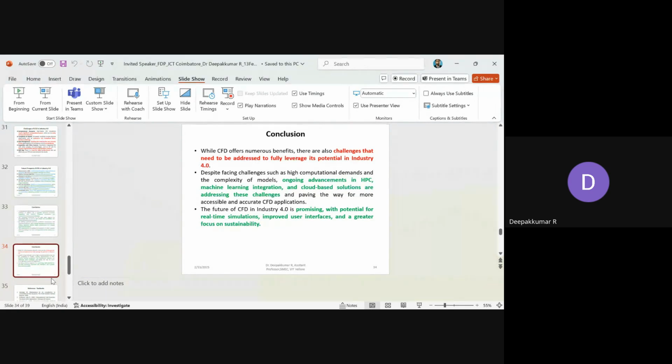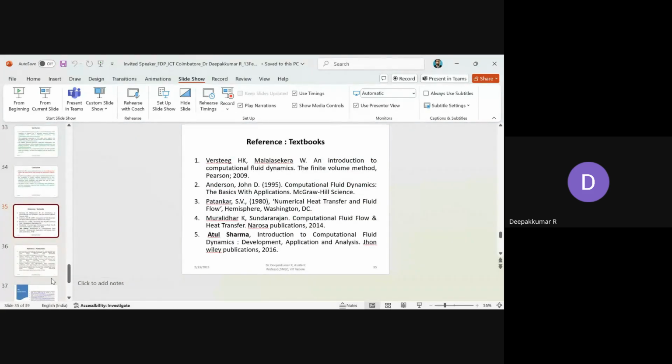Despite challenges such as high computational demand and the complexity of models, ongoing advancements in high-performance computing, machine learning integration, and cloud-based solutions are addressing these challenges and paving the way for more accessible and accurate CFD applications. The future of CFD in Industry 4.0 is promising, with potential for real-time simulation, improved user interfaces, and a greater focus on sustainability. So after this, I want to conclude my presentation.